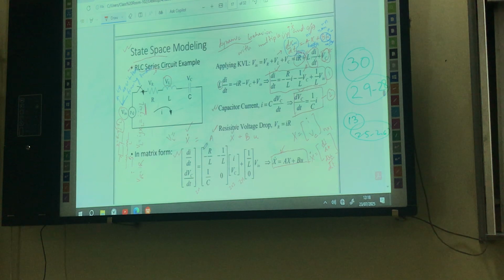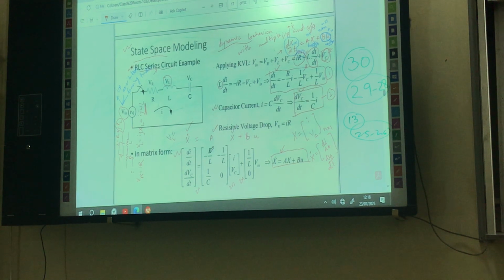How? Look at these equations. This is dI over dt, right? It is minus R by L times I. So look, if you just use the concept of matrix multiplication, this first row will be multiplied with this I and VC, and you will get the dI over dt, right?